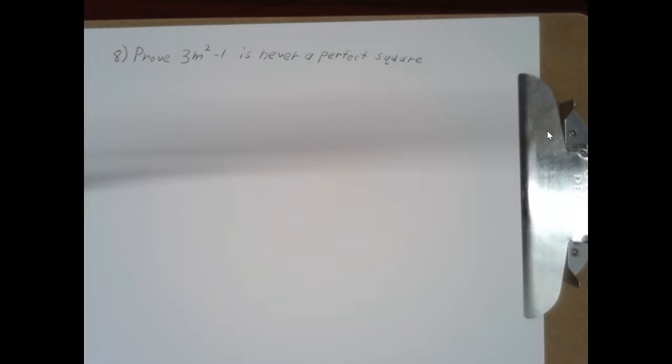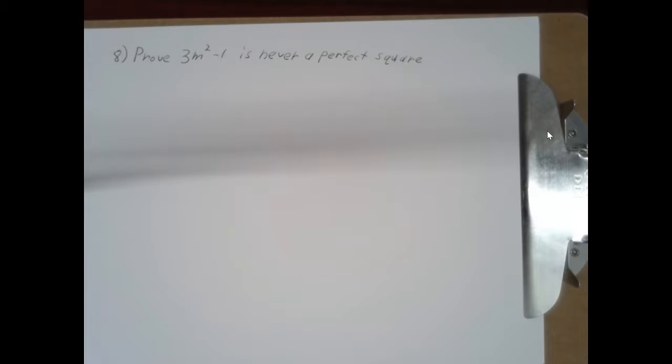When you're asked to prove that something's not the case, one of the first things you should probably think is proof by contradiction. Because we don't really have a lot of machinery that lets us systematically go through and come down with a conclusion that this never happens. We can start with something that's true and come down and say this is true and this is true and this is true.